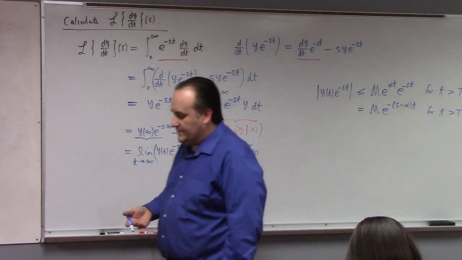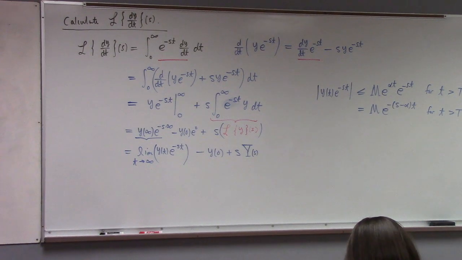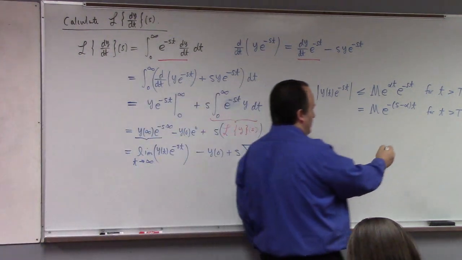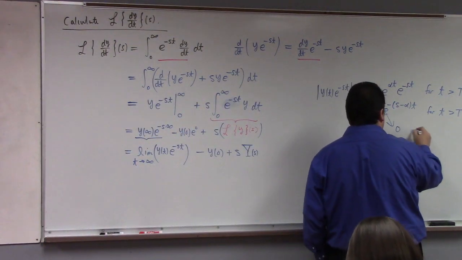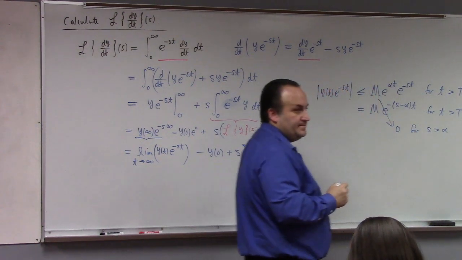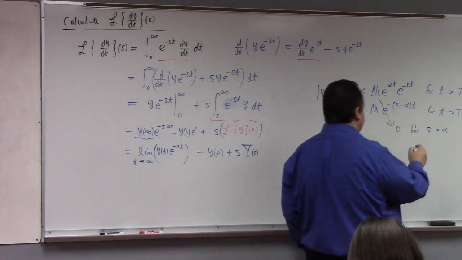So if y has exponential order alpha, that term does what as t goes to infinity? You're past the big T, so the bound is in play. That goes to 0 for s greater than alpha. So for s greater than alpha, as t goes to infinity, that goes to 0.